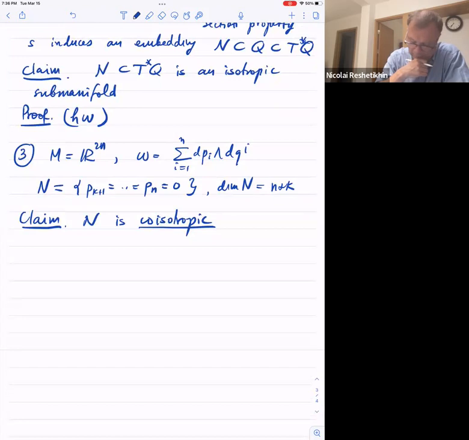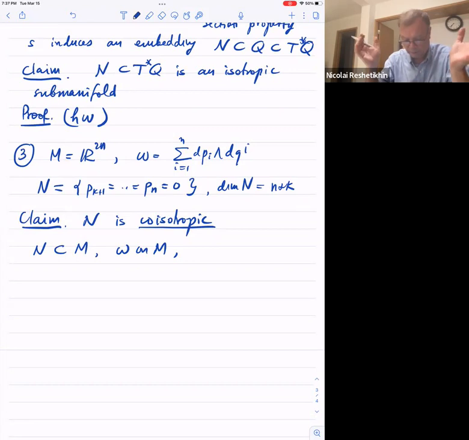Just a remark: N is a submanifold, and we have omega on M. So if you have a form on the ambient manifold, you can pull back this form to N.